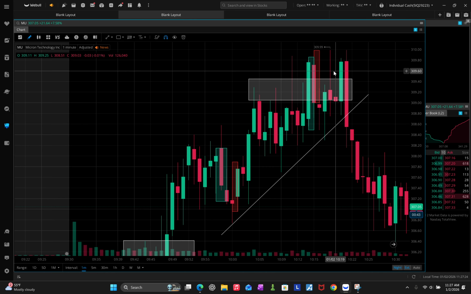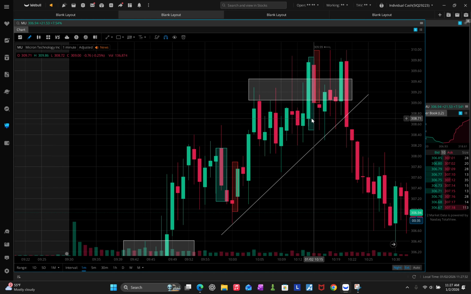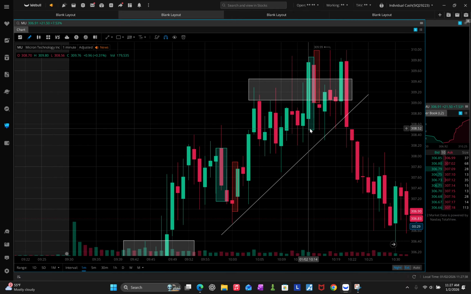But the thing was, I had bought it around, I think, if I'm not mistaken, maybe towards the bottom of this wick. It had opened, it pushed down. I probably ended up getting it, I don't think I got it when it was going green.